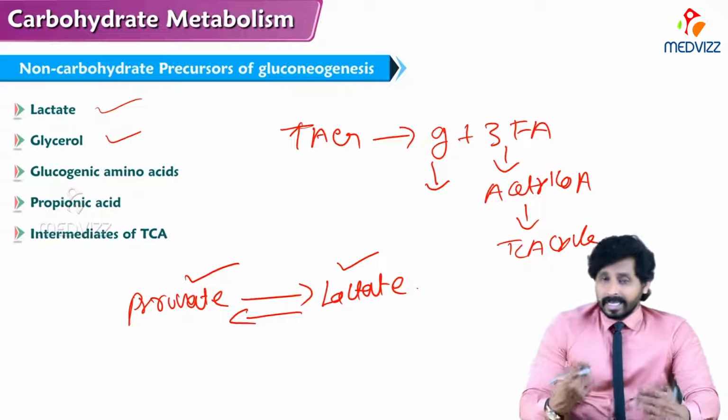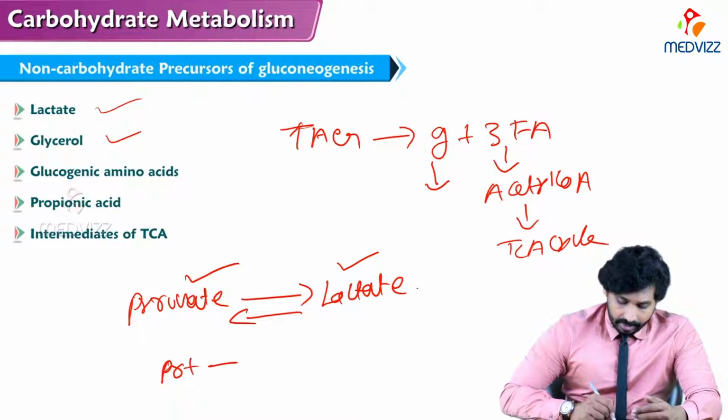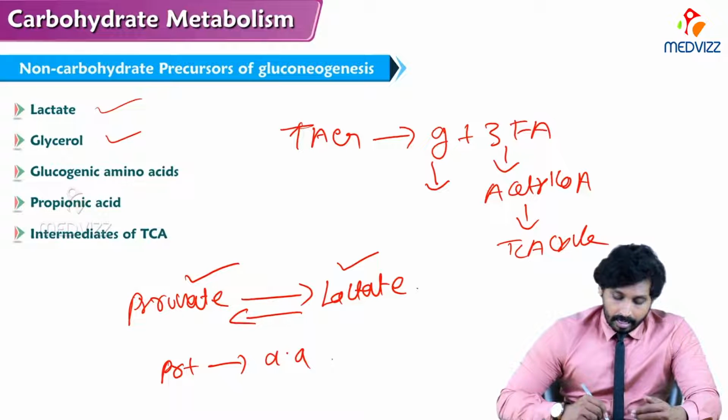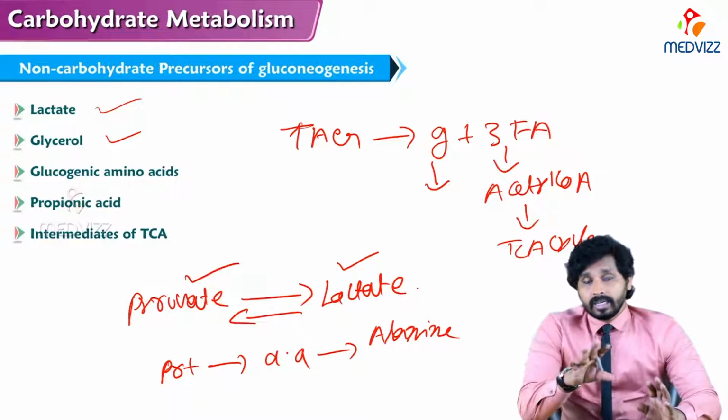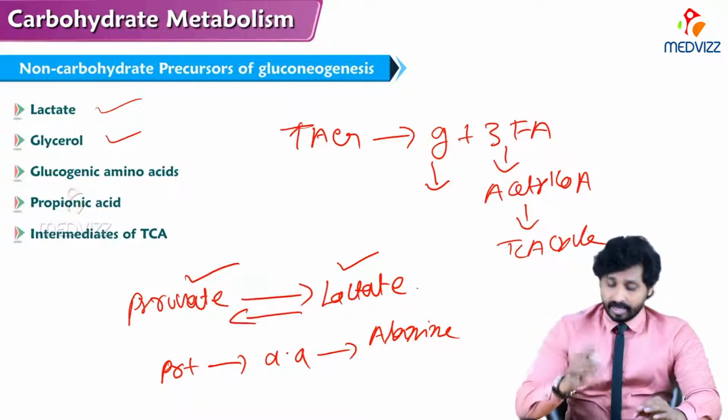Then glucogenic amino acids: when you break down protein, it gives rise to amino acids such as alanine. Pyruvate is a 3-carbon compound, and alanine is also a 3-carbon compound. Pyruvate is a keto acid, alanine is an amino acid.